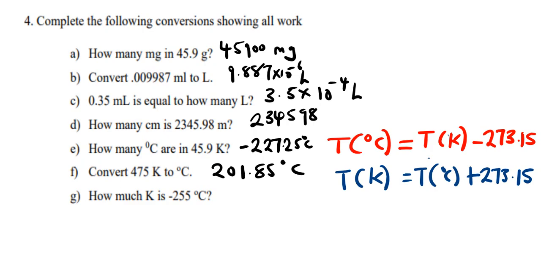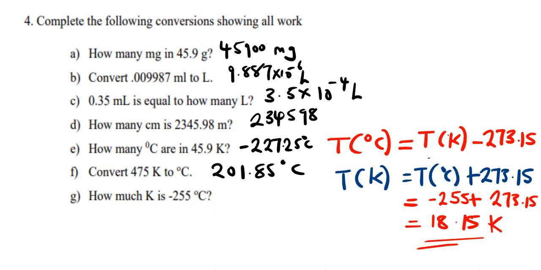So let's replace what we have: negative 255 degrees Celsius, plus 273.15. When I add negative 255 plus 273.15, I'm getting 18.15. Now we're converting to what? To Kelvin. So this will be our final answer.